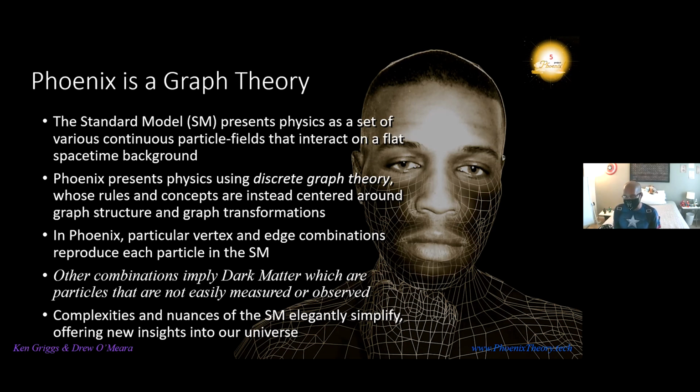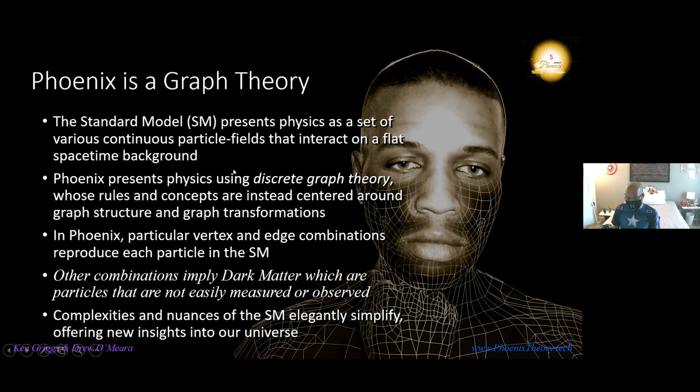In this assemblage technique, one often finds that there are many particle types that are very much not interacting. What we demonstrate is that these particle types actually constitute what we want to call dark matter.